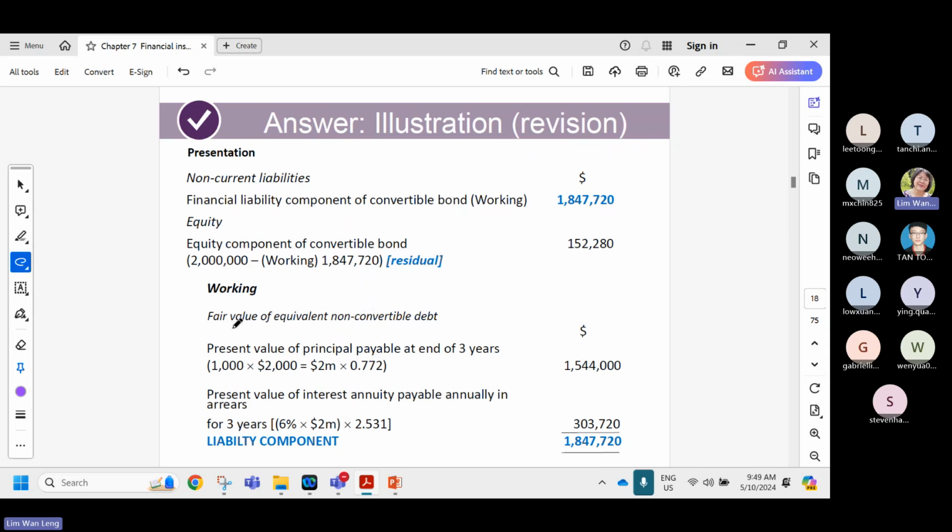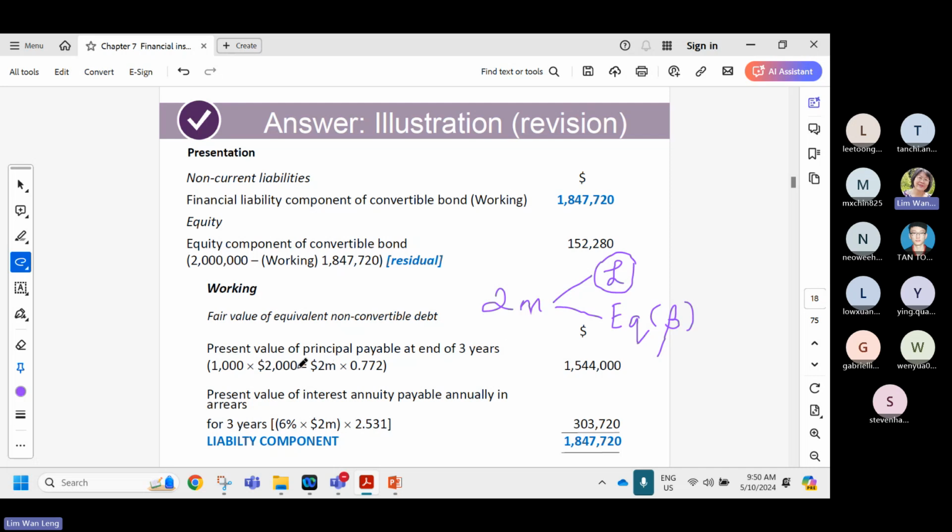All in all, we are going to get 2 million in cash. So this 2 million we need to split into the liability component and the equity component. The split accounting says you work on the liability component first, then the residual will be the equity component.